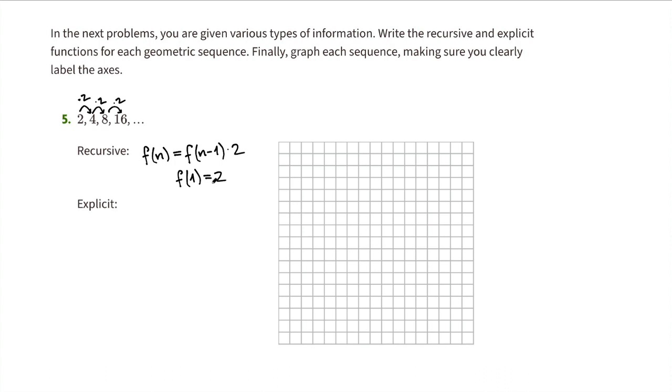To get our explicit equation, we're going to create a table of values where I've got n and f of n. So the term number, 1, 2, 3, 4, and so on. And then over here, the actual term value, so 2, 4, 8, 16, and so on.